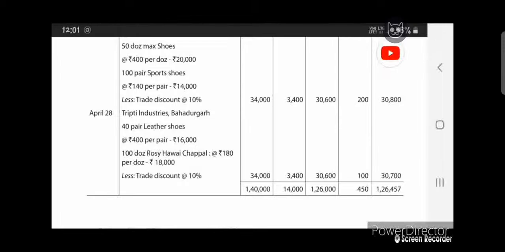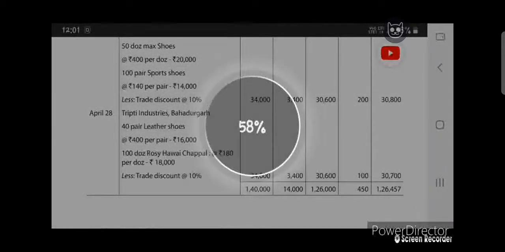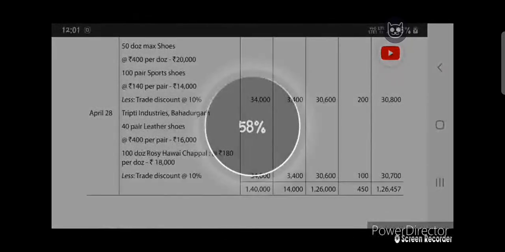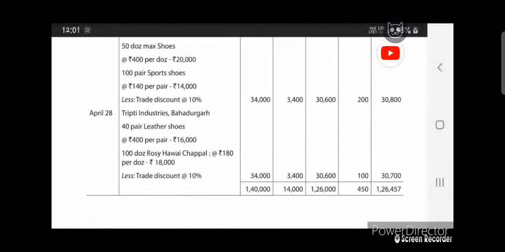Next, 100 dozen Rosy Hawaii chappal you have bought from them at rupees 180, so 18,000. So 18,000 plus 16,000, 34,000 is the total amount again.